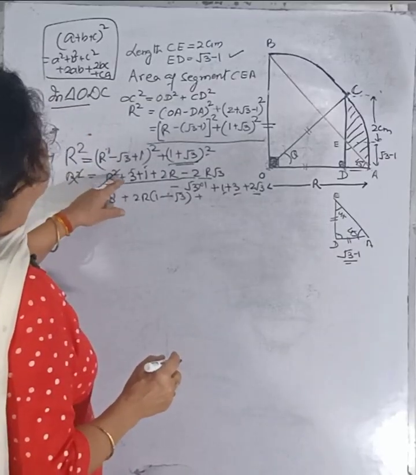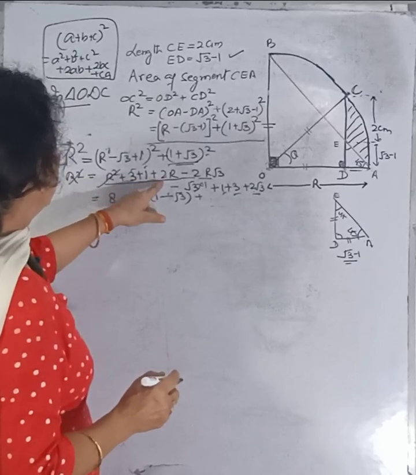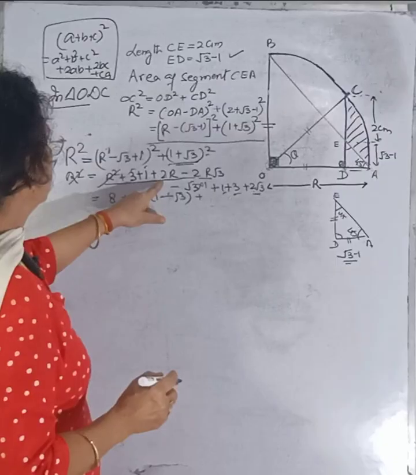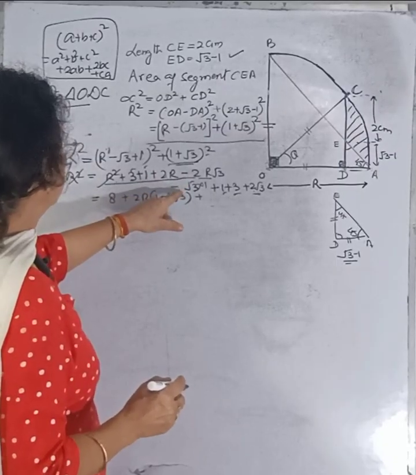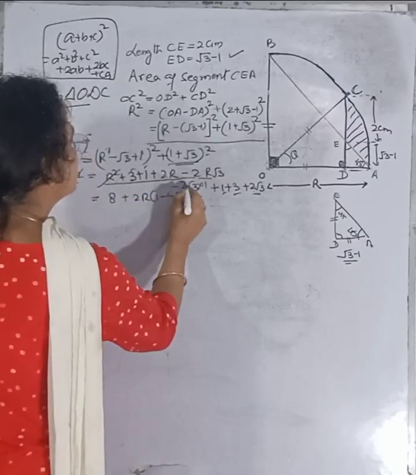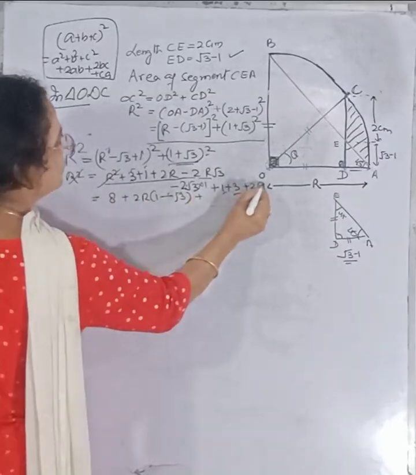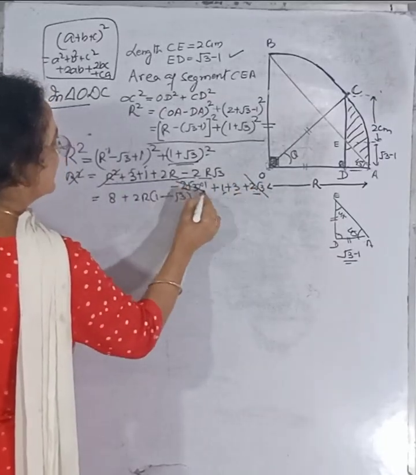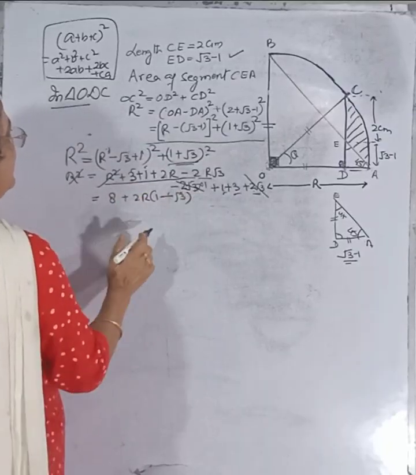R square plus 3 plus 1 plus 2 into R plus 2 into R root 3 minus 2 into root 3 plus 1. This 2 into root 3 plus 1 can cancel. Okay? Now, nothing else. It means we are having this.